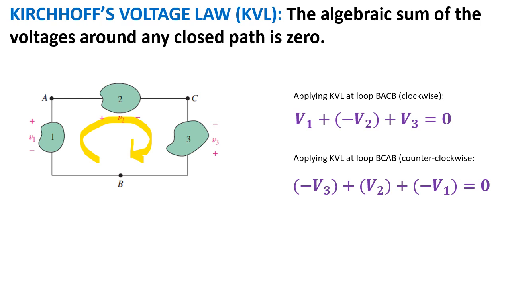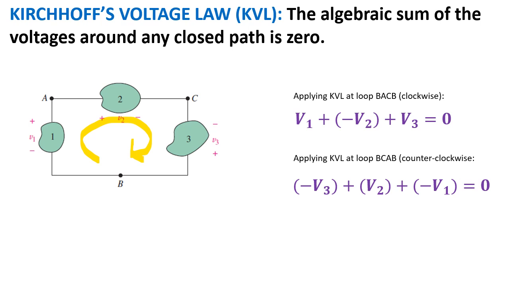That is why this V3 right here has a negative sign. And between nodes C and A, we have our V2, but our loop enters minus and exits plus. So that is why V2 is positive.